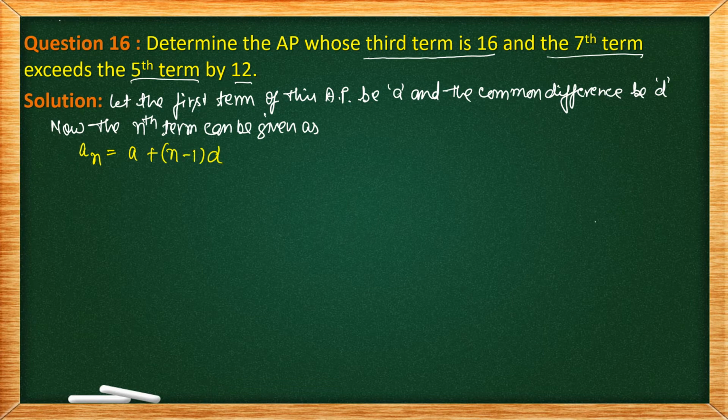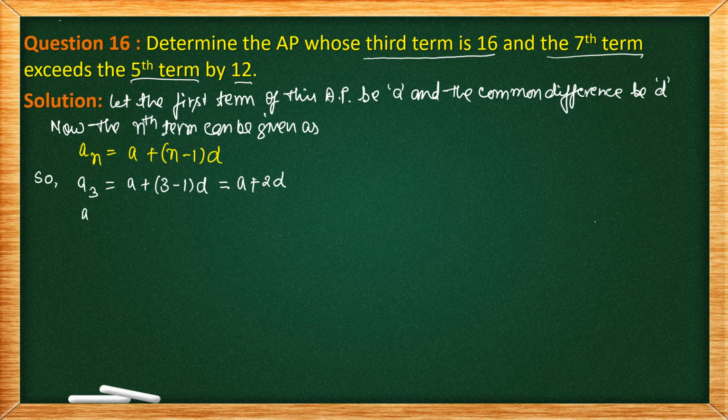Now using this we will find out first the third term, the fifth term and the seventh term. So a3 is equal to a plus, n is 3 for it, 3 minus 1 into d, implies that this is a plus 2d.